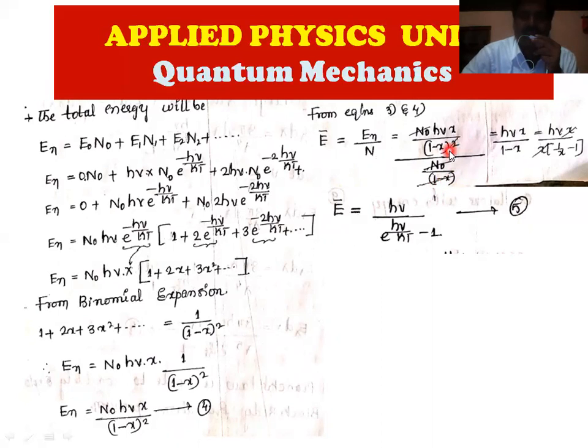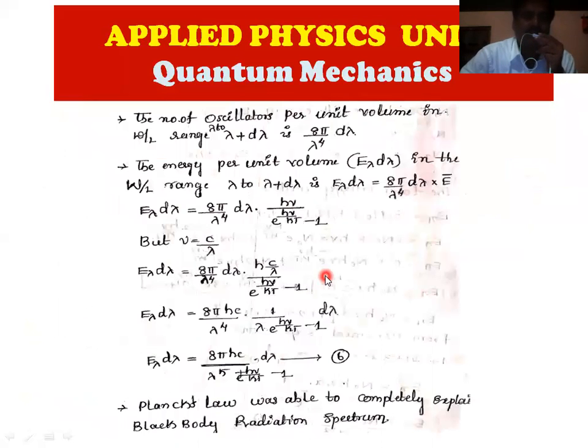This gets cancelled, and the remaining average energy E bar will be equal to h nu by e to the power h nu by kT minus 1. So with this small simplification, the average energy is h nu by e to the power h nu by kT minus 1.